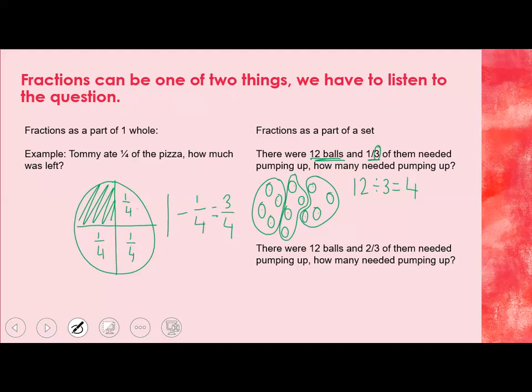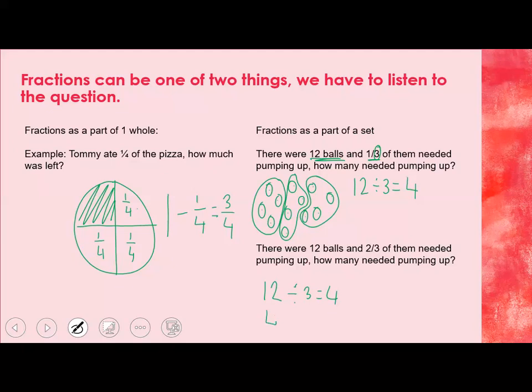And let's have a look at this last question. There were 12 balls and 2/3 of them needed pumping up. So how many is that? Well, I know that I have 12, and to find 1/3 of them was 4, wasn't it? So I did 12 divided by 3, this gave me 4. So 4 is 1/3 of 12. I want 2/3, I want 2 times that many.